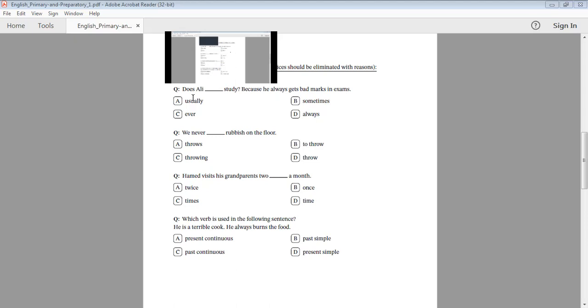Okay, does Ali usually study because he always gets bad marks in exams? Correct. Incorrect. Why? Because he said here, because he always gets bad marks in exams. So he does something daily or frequently.